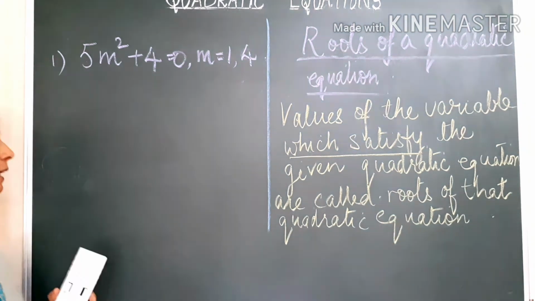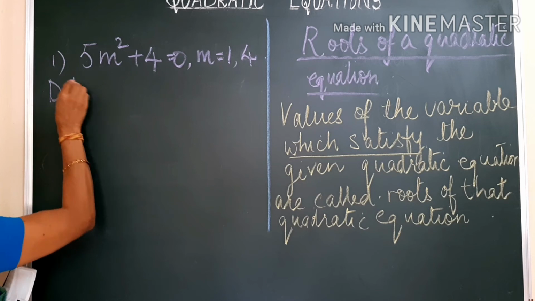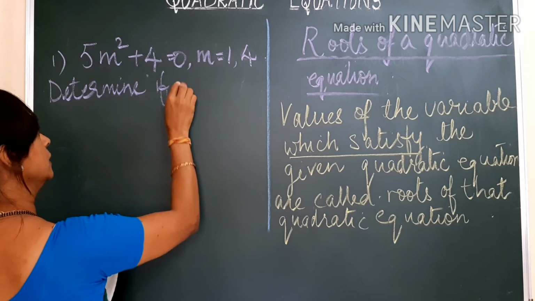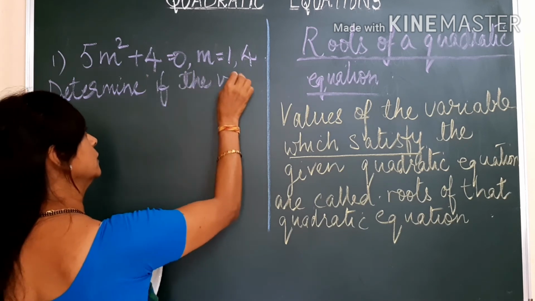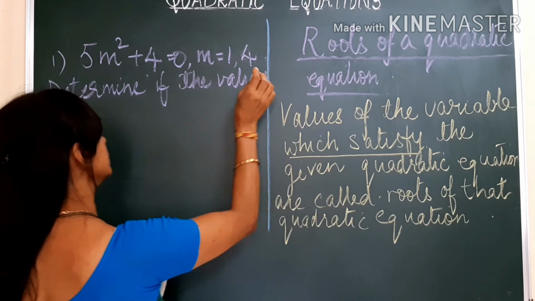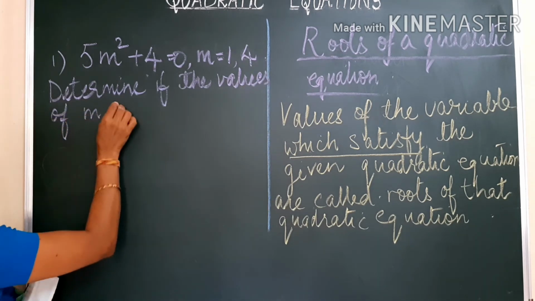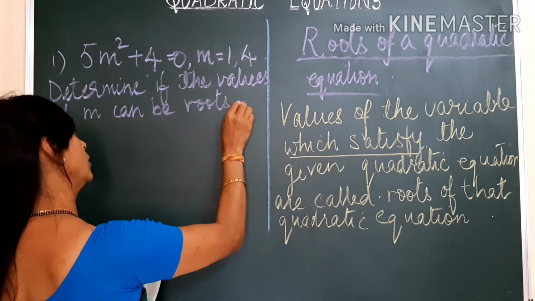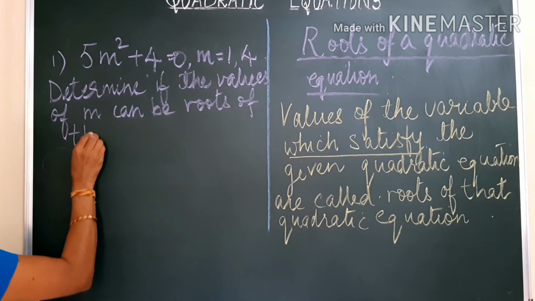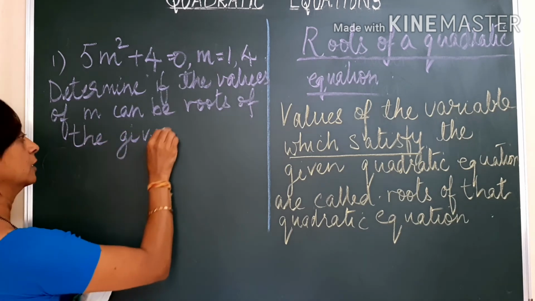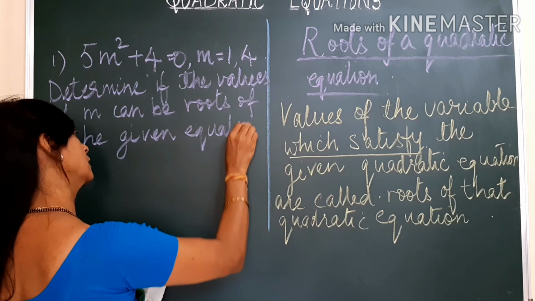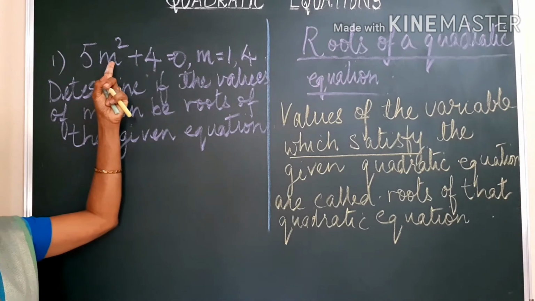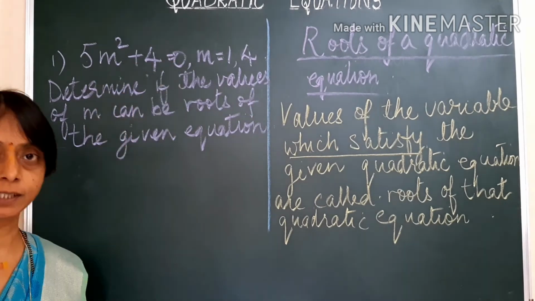We have to determine if the value of m can be roots of the given equation. Once again I repeat, given quadratic equation is 5m square plus 4 is equal to 0.